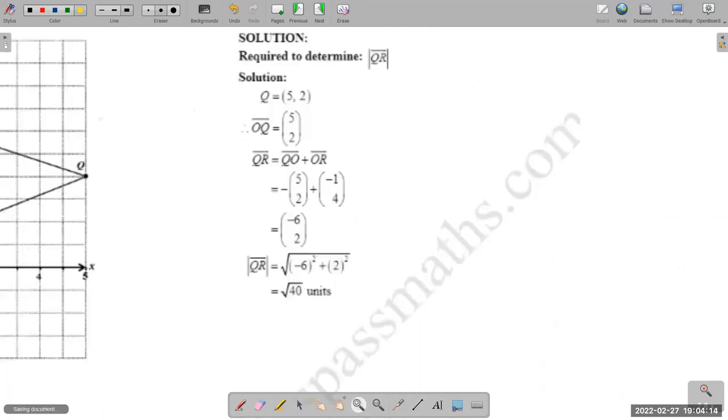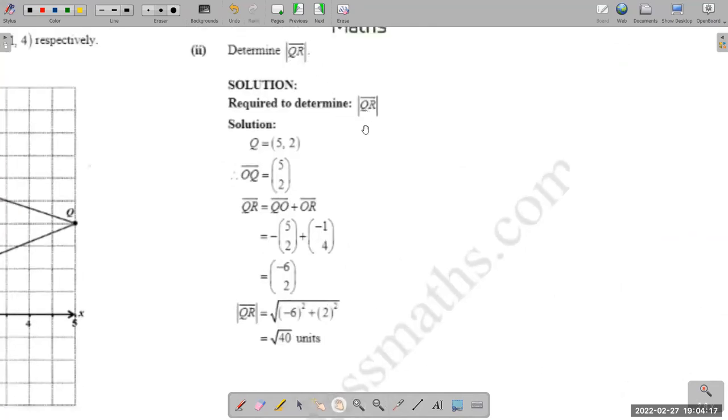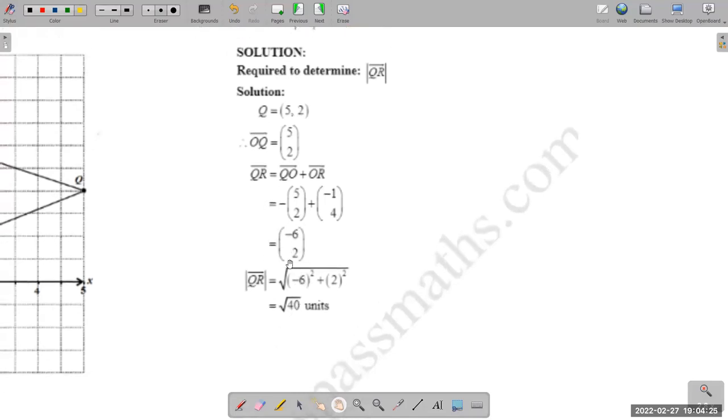If they want the value of QR, you just get the points for QR, and you find it. First of all, you have to find QR, because Q just means OQ. So you use OQ to find QR. Once you find QR, you plug it in the formula and you find your answer.